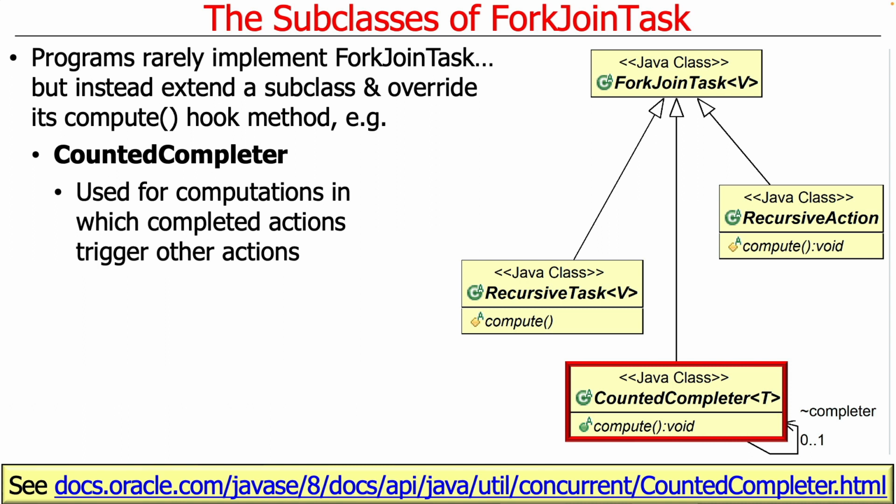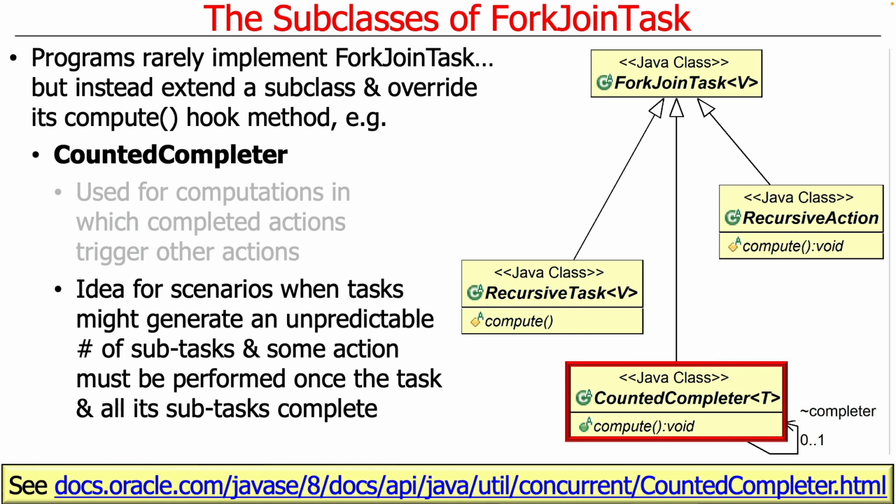And then there's also another model here that's called CountedCompleter. And this is one that you typically don't subclass, but there are other people who write Java internals that do. This is useful for computations in which the completion of one action triggers a bunch more things.